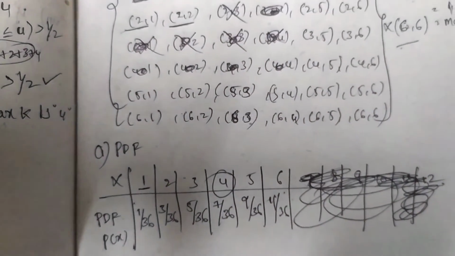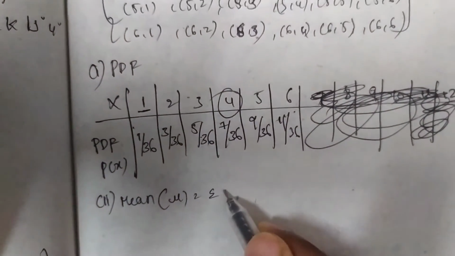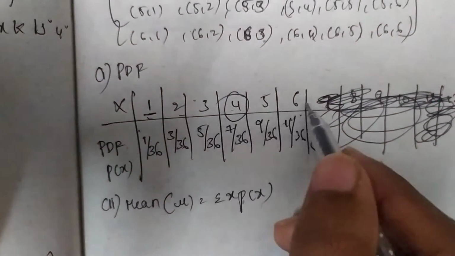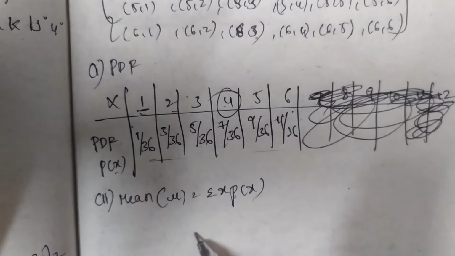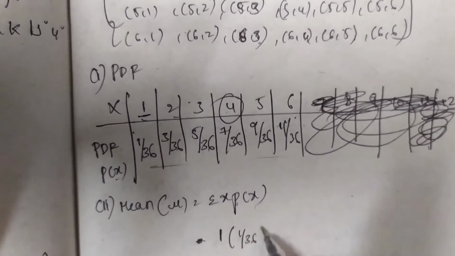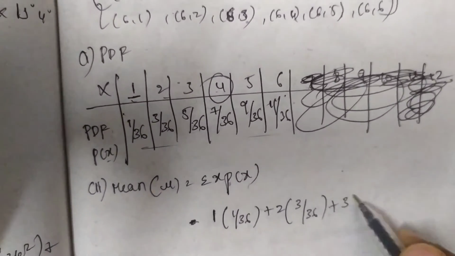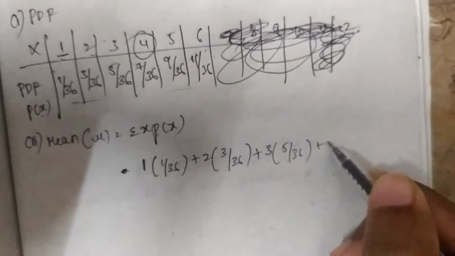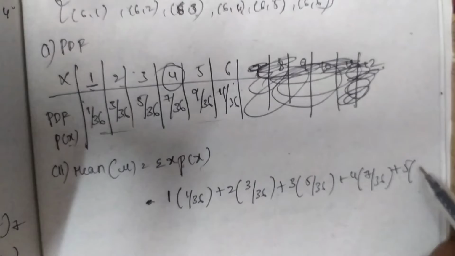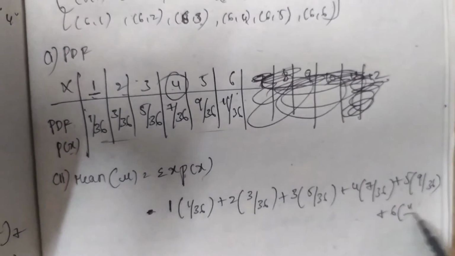Now we have to find the mean. Mean, mu, equals summation x p of x. The values of x are 1, 2, 3, 4, 5, 6 and the p of x values are here. So we get 1 into 1 by 36 plus 2 into 3 by 36 plus 3 into 5 by 36 plus 4 into 7 by 36 plus 5 into 9 by 36 plus 6 into 11 by 36.